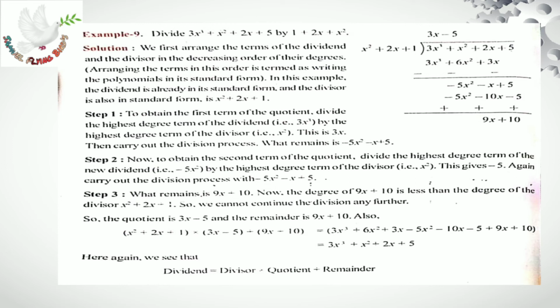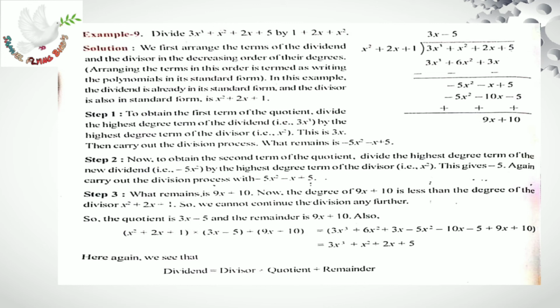We take the next term, plus 5, as our next term for solving the problem. So now we have an expression of minus 5x square minus x plus 5. Now we need to solve this expression by using the division method again.